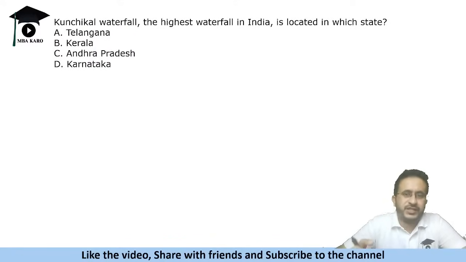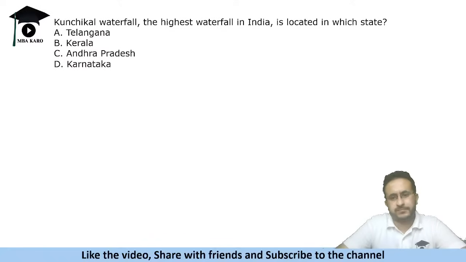Kunchikal waterfall, the highest waterfall in India, is located in which state? So highest is Kunchikal, then second highest is Jog Falls.